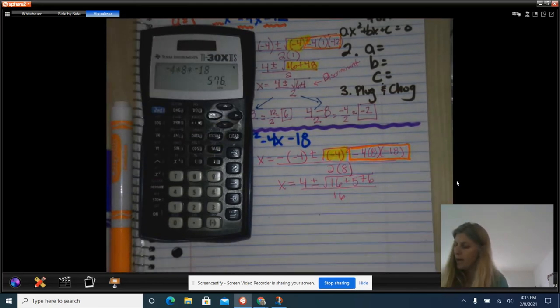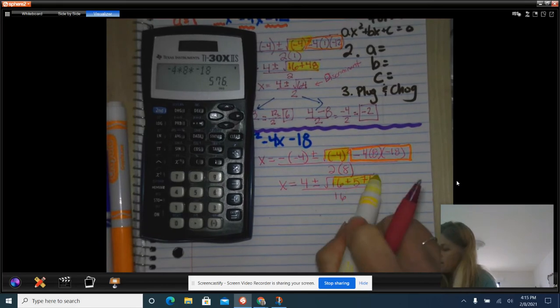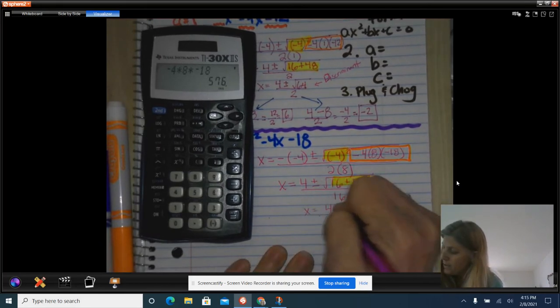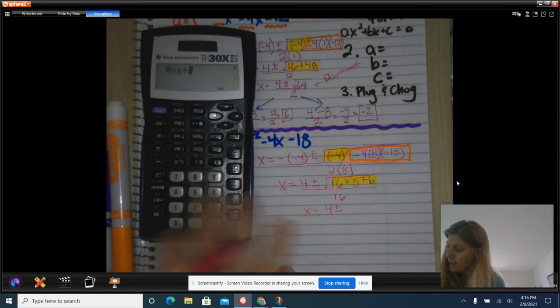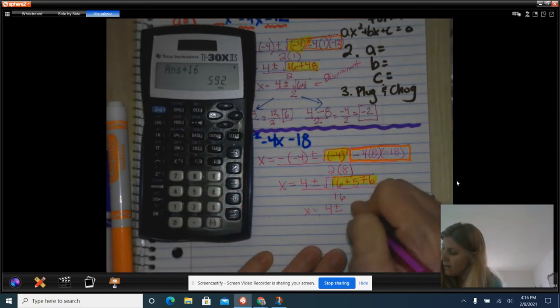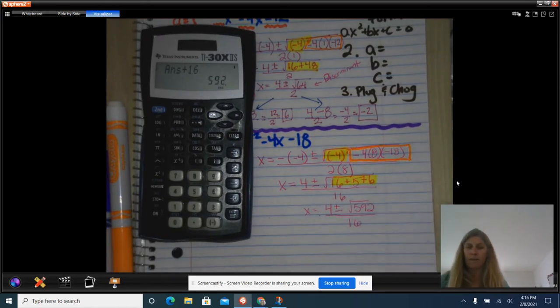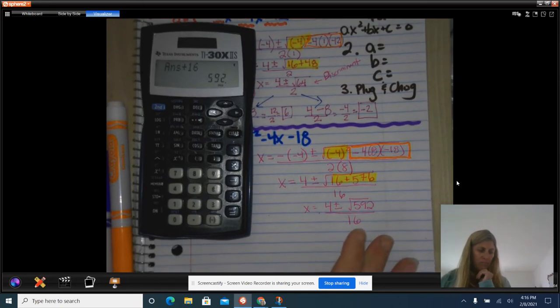Okay, now I'm going to solve these. So x is equal to 4 plus or minus 576 plus 16 gives me the square root of 592, all over 16. And of course, 592 is my discriminant.